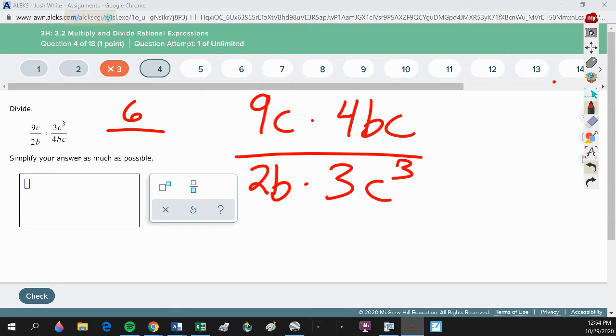On bottom I have c to the third. So this c and this c cancel 2 of the 3, and I'm left with c to the first. So on top I have c times c, and on bottom I have c times c times c.